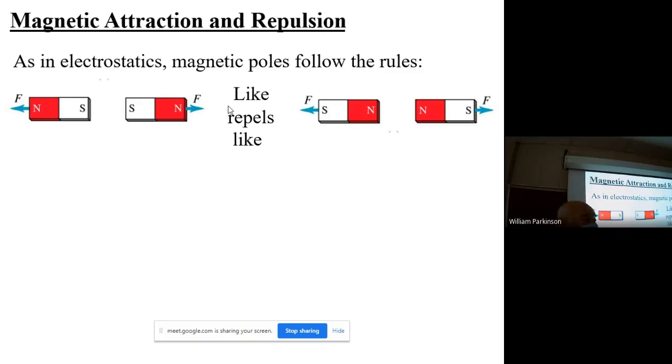That force will accelerate the magnets. That acceleration has a direction, as does the force, and the force will be equal and opposite. So the magnet on the left pushes with force just as hard on the magnet on the right as the magnet on the right pushes on the magnet on the left.